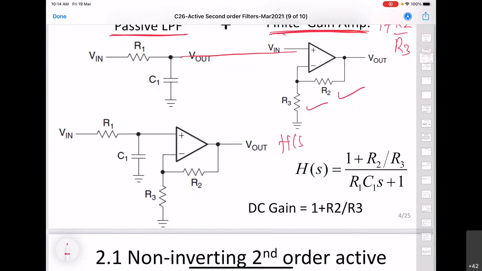So the new transfer function you can say is the gain, R2 divided by R3, into the transfer function that we had got for unity gain, the previous gain. The final transfer function derivation is also straightforward, simply a product of two cases.